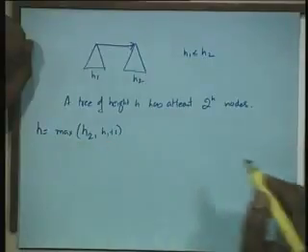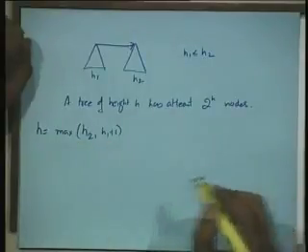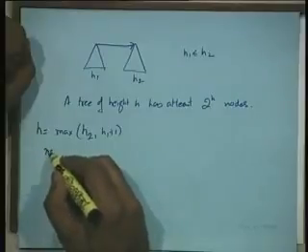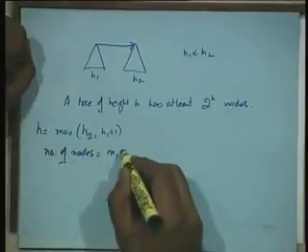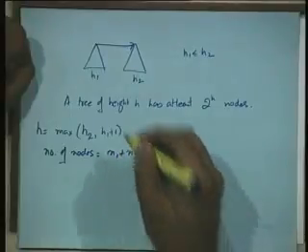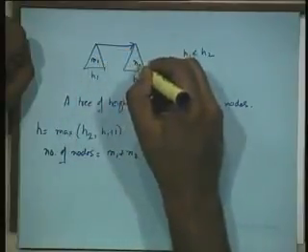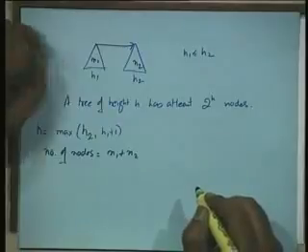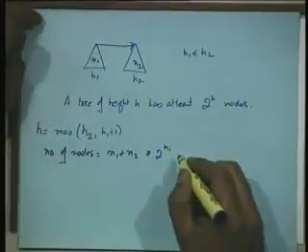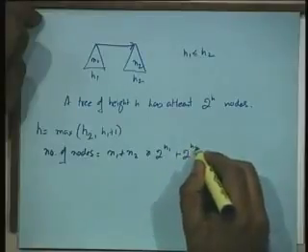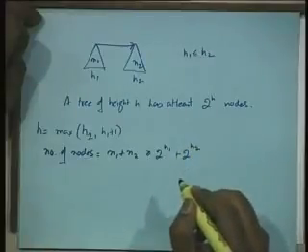Why is this h? So now what's the number of nodes in the new tree? It equals n1 plus n2, the number of nodes in this tree plus the number of nodes in this tree. Now we know that n1 is at least 2 to the h1, n2 is at least 2 to the h2.